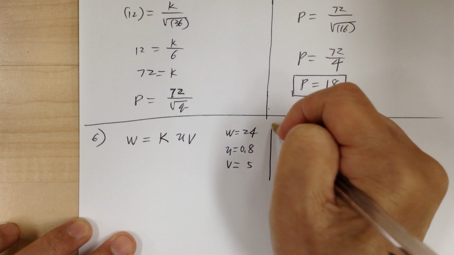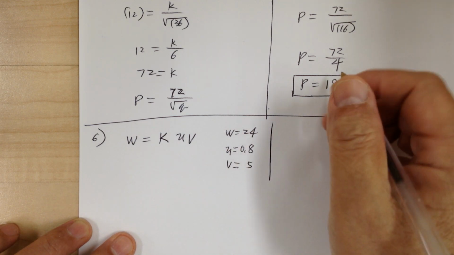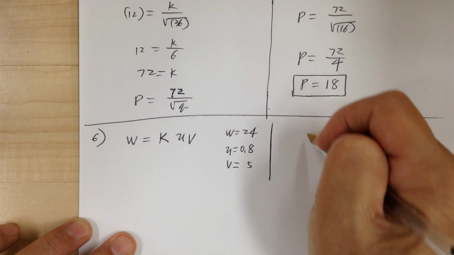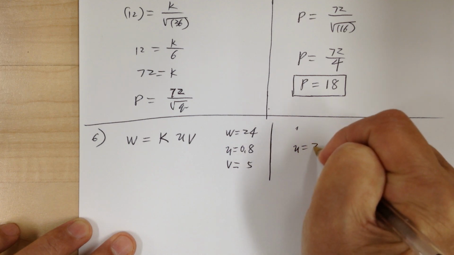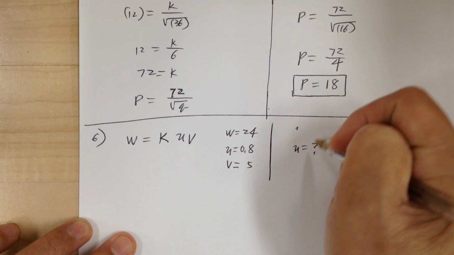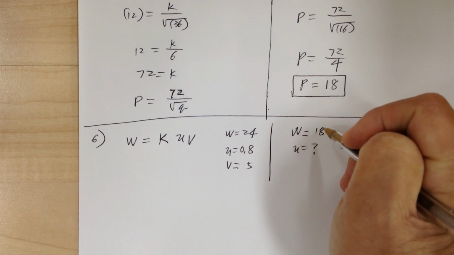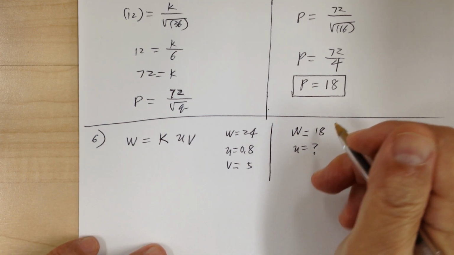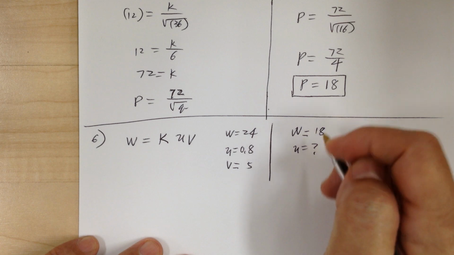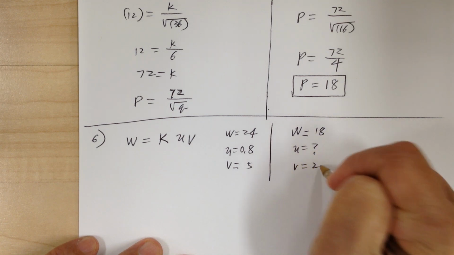So you can separate the two scenarios. It says what value of U where W equal to 18 when V equal to 2.